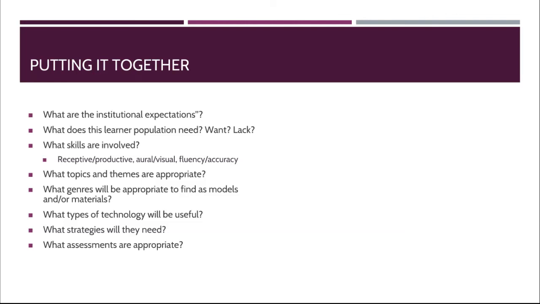We want to think about what that population needs, wants, and lacks, what the purpose of the course is. We want to think about what topics and themes might be appropriate, what genres will be appropriate to find as models for them, what kind of technologies will be useful, what kind of strategies they might need to become more autonomous in the future, and then what assessments would be appropriate for this population.